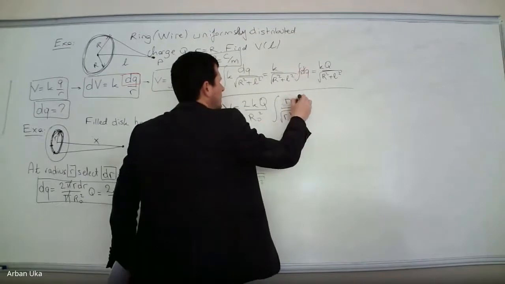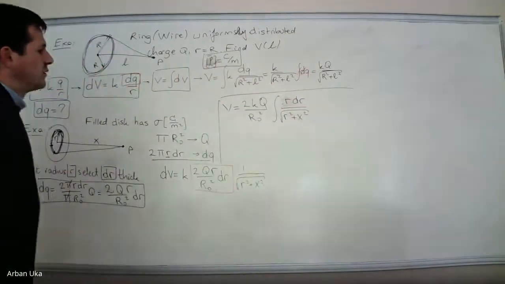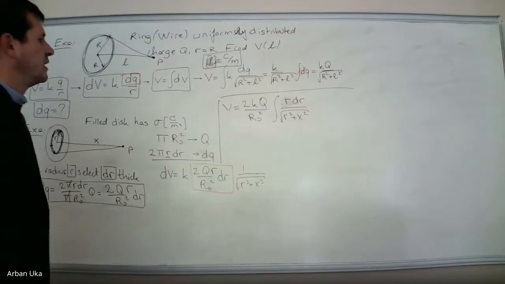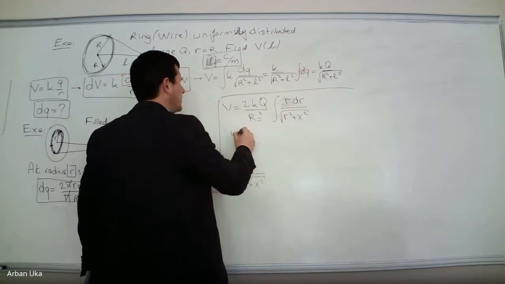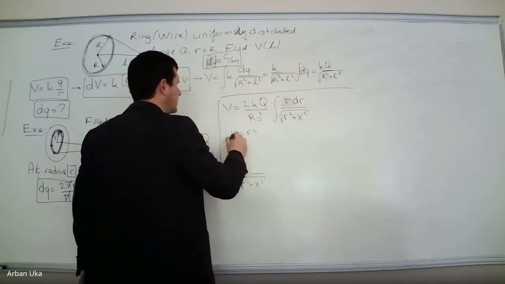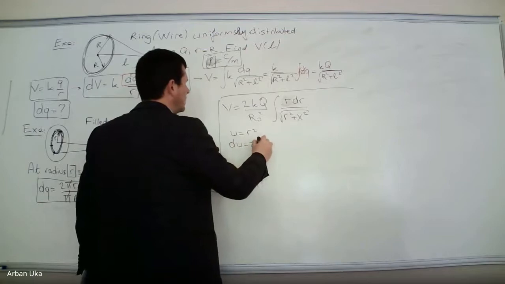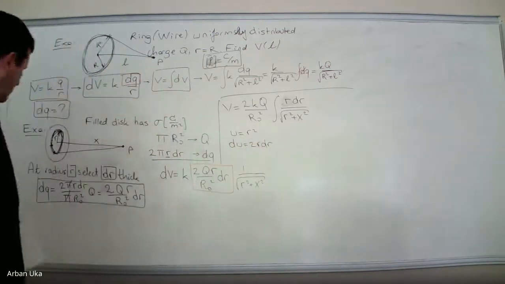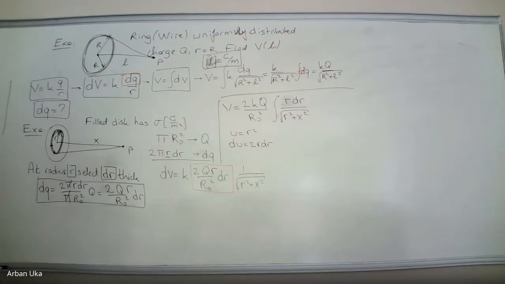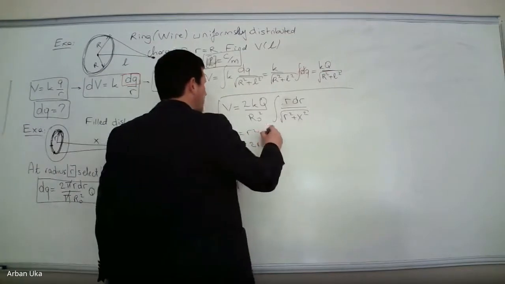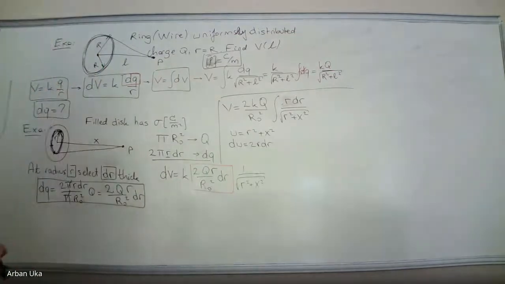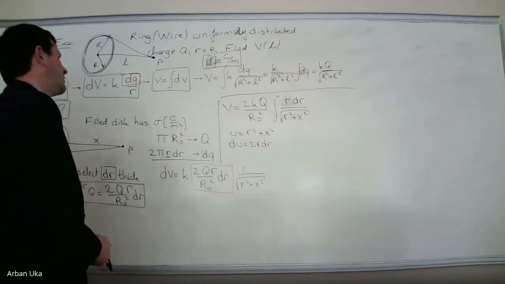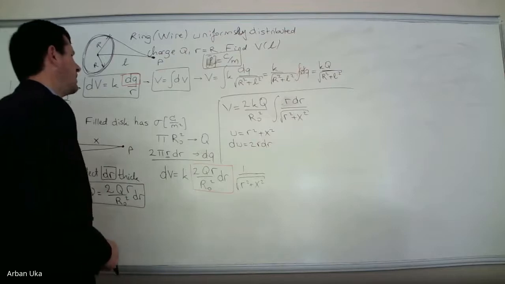So this is r dr, and for this integral, we can do a change of variables. We can say u is equal to r squared plus x squared, which means that du is equal to 2r dr. Yes.